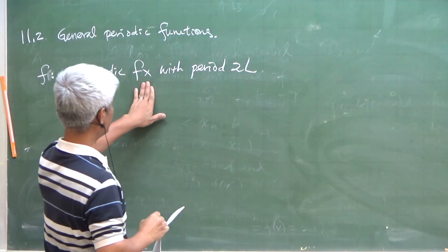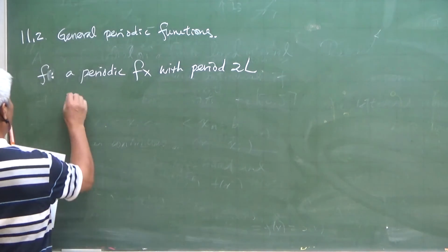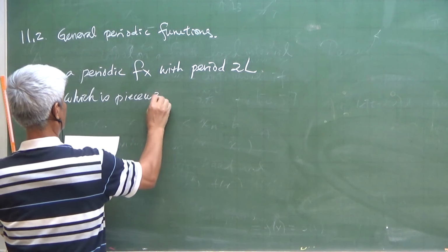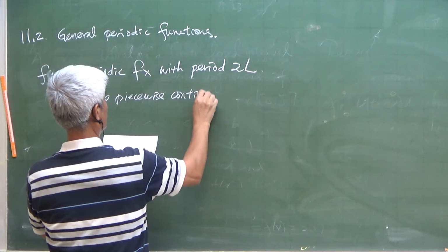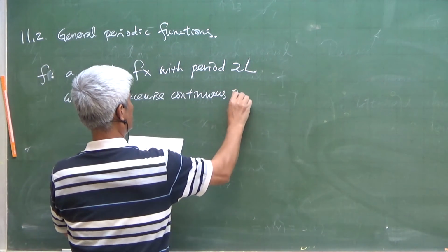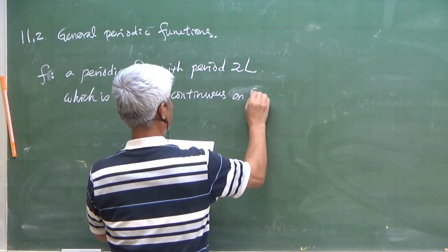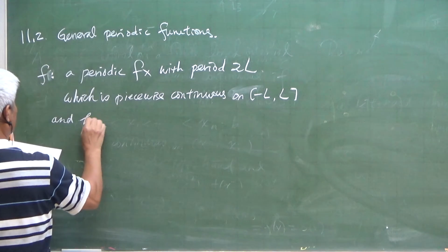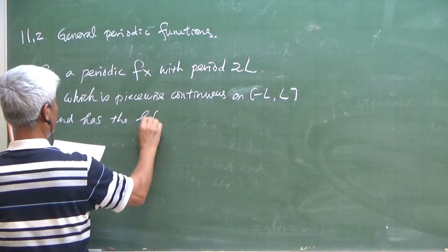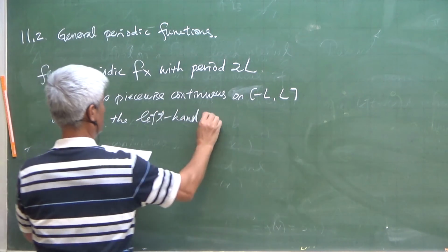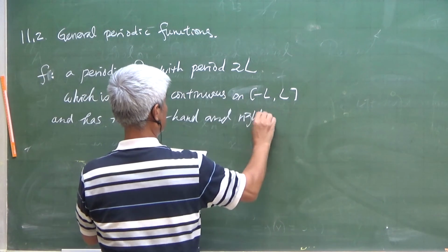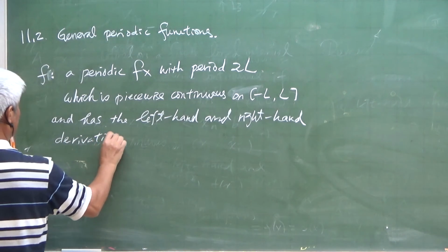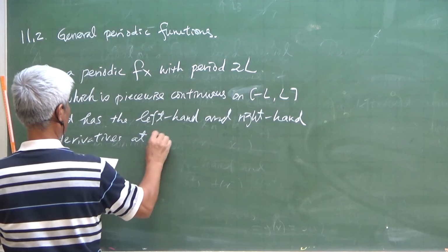So f itself is a periodic function with period 2L, which is again piecewise continuous on one period, and has the left-hand and right-hand derivatives at each point.